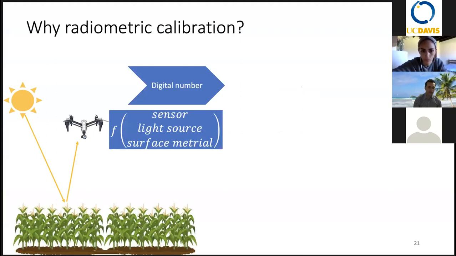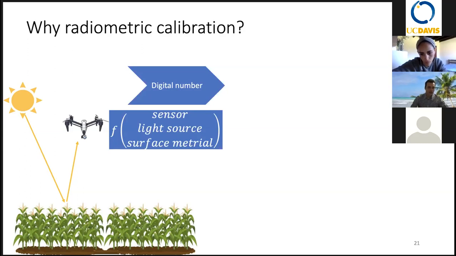So what is radiometric calibration? When we use a sensor, the sensor has some adjustments. For example, we can adjust the gain and we can adjust the exposure time. And based on that, the values that the sensor measures vary. So if the light is changing during the data collection, those values change also. But that doesn't mean that the actual value on the plant is changing. So we need to find a procedure to take care of that variability in the data.